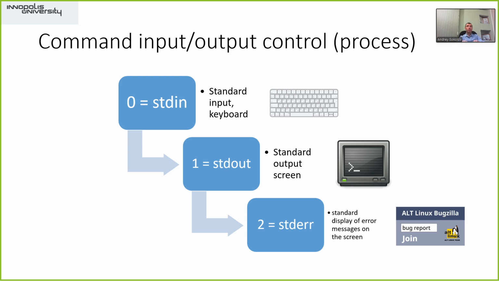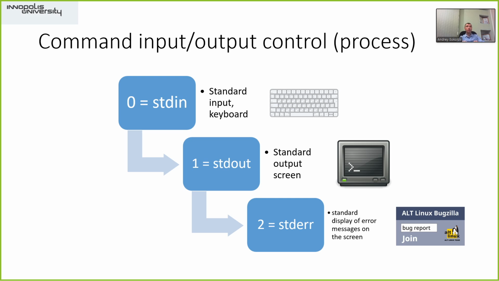Any process always has three files open by default: stdin, standard input, keyboard; stdout, standard output, screen; and stderr, standard error message output to the screen. This and any other open files can be redirected.